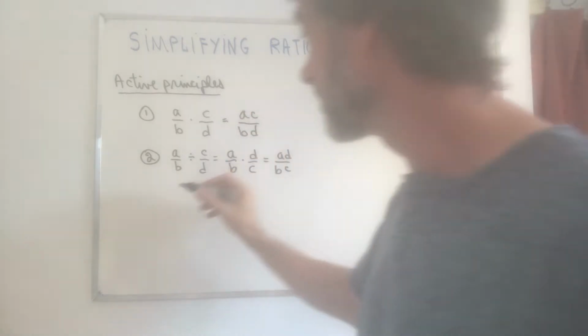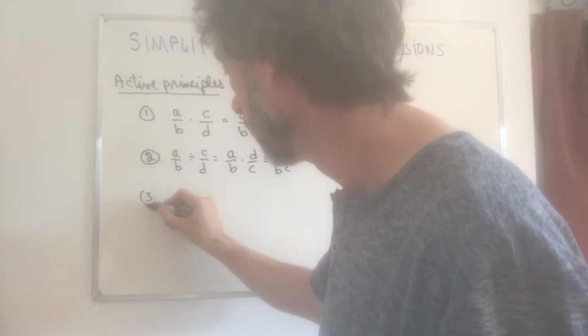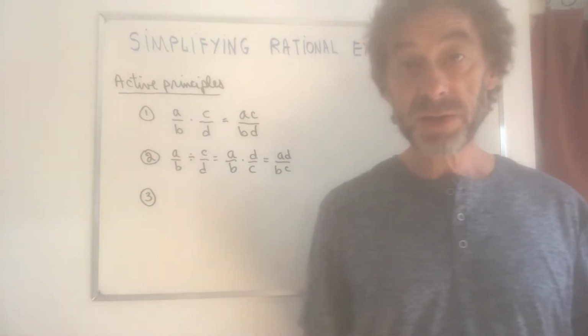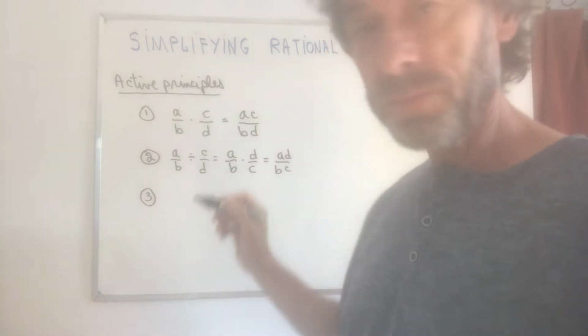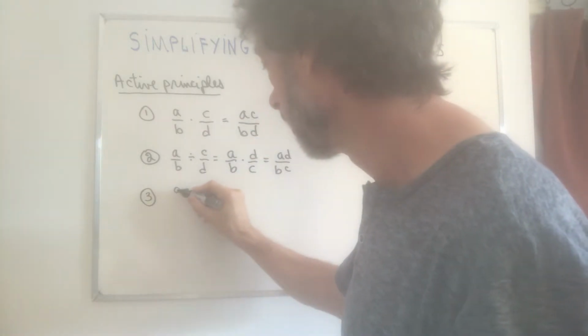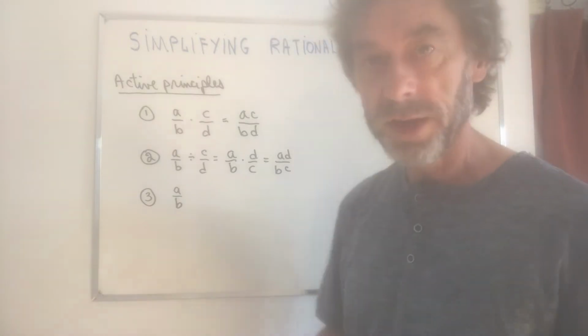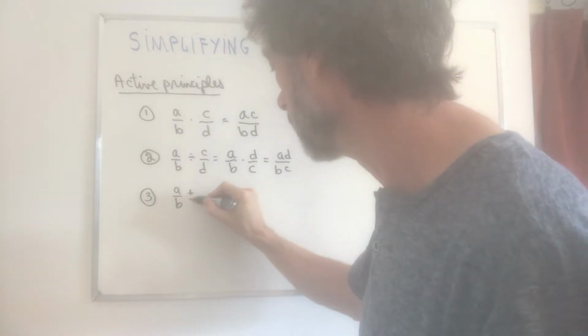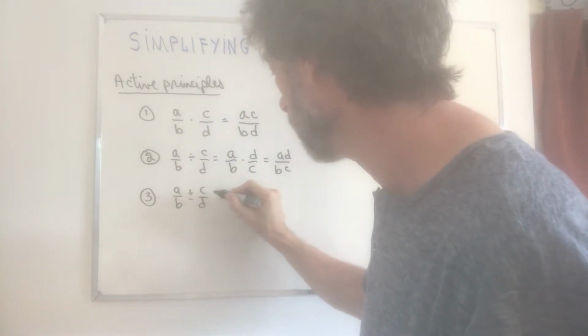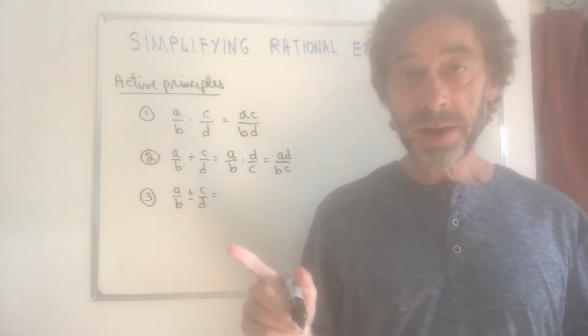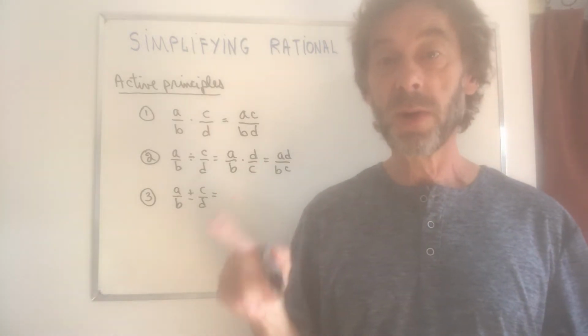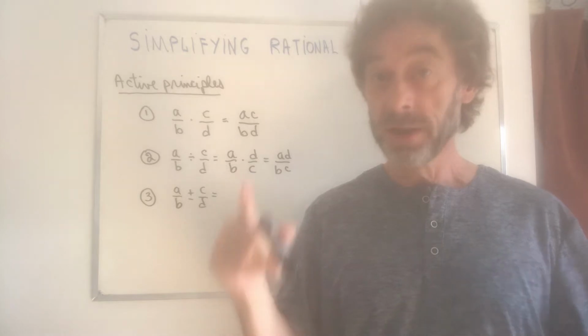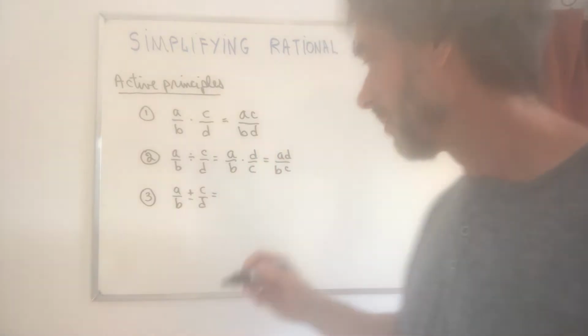Good. Let's continue our little investigations of basic algebra rules by this time putting a plus or a minus in between the fractions. So plus or minus C over D. Now a plus or a minus between fractions means we need to take a common denominator, right?